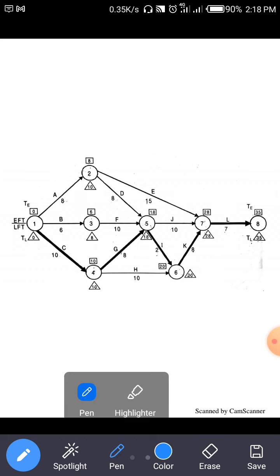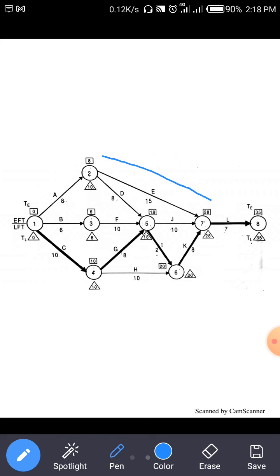Then for node number 7, 3 arrows are merged, 2 to 7, 5 to 7 and 6 to 7. Clear? So 2 to 7, 8 plus 15 is 23. Then 18 plus 10 for the 5 to 7 arrow.